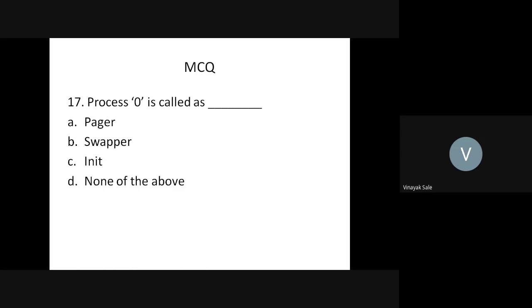A pager, B swapper, C init, D none of the above. Process 0 is called as swapper.